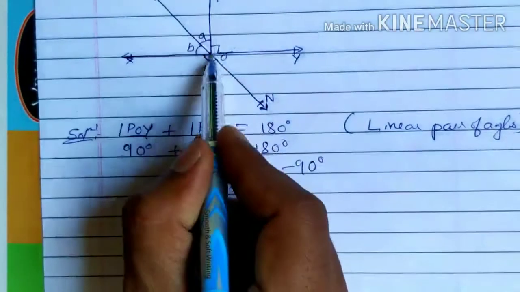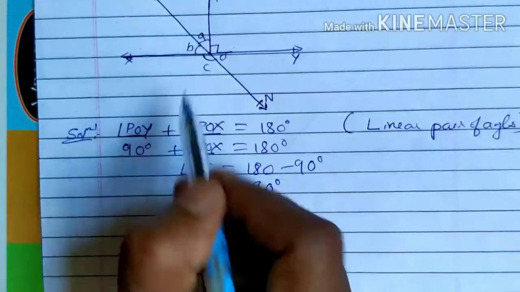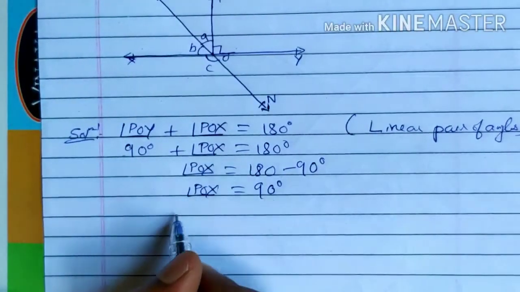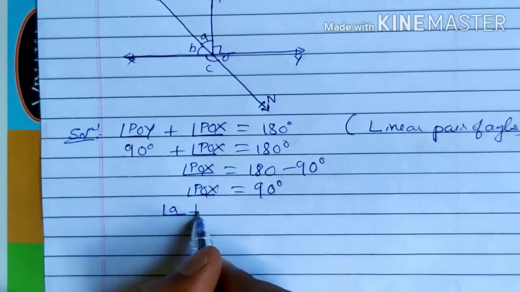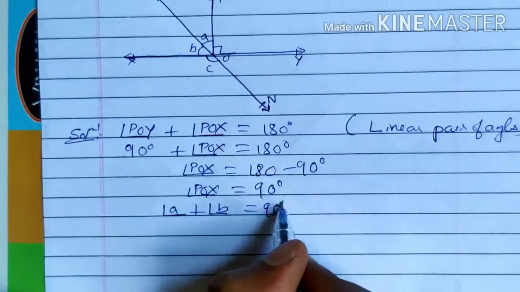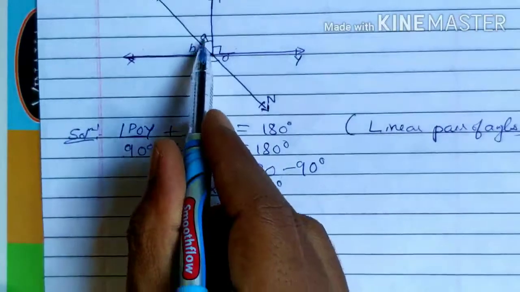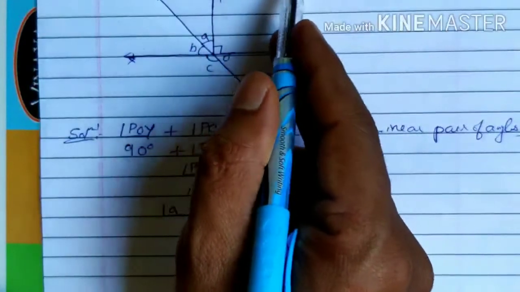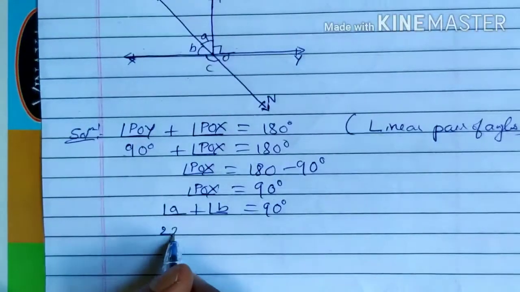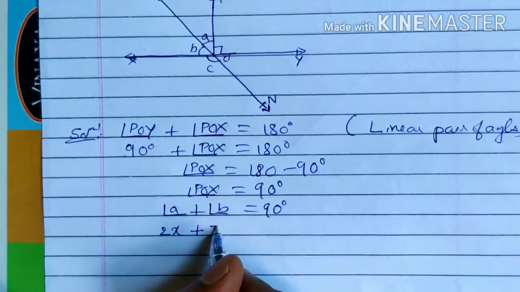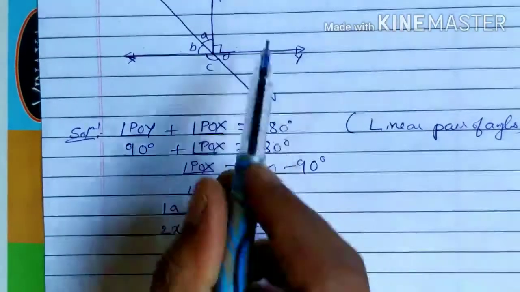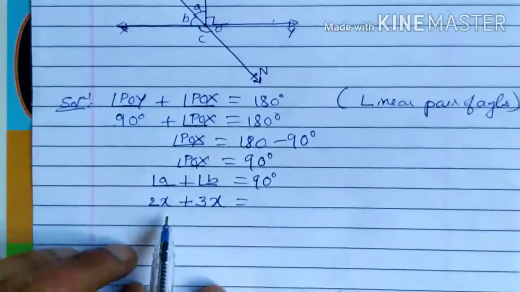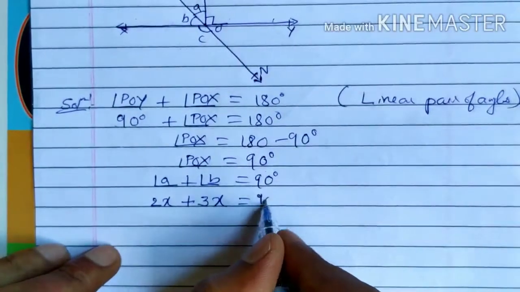Now POX is divided into two angles, A and B. So POX is equal to angle A plus angle B is equal to 90 degrees. This angle sum must be equal to 90. Now angle A and B are in the ratio 2:3, so whenever angles are given in the ratio 2:3, you have to consider them as 2x and 3x.